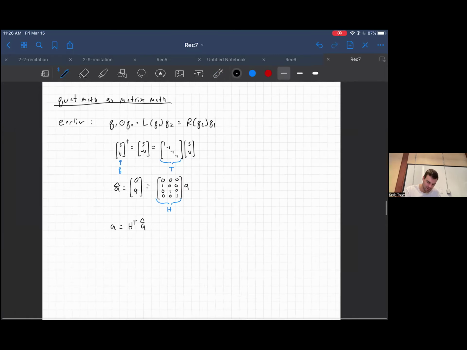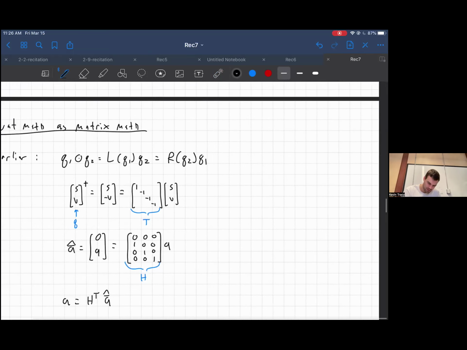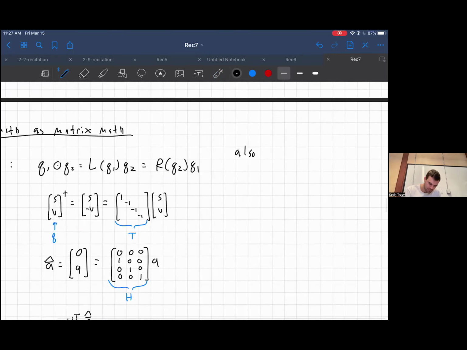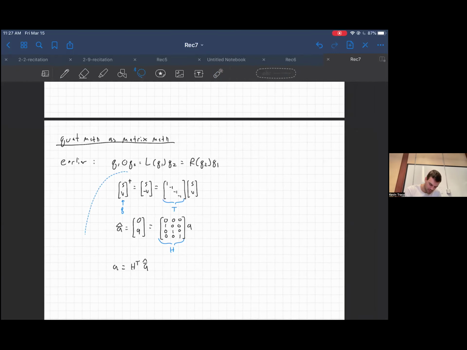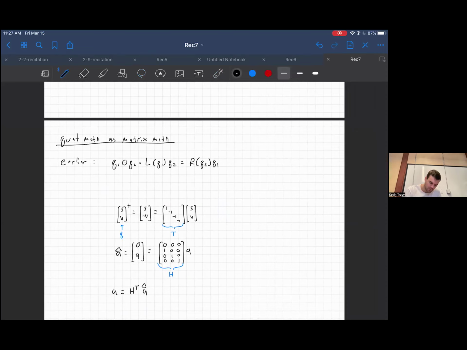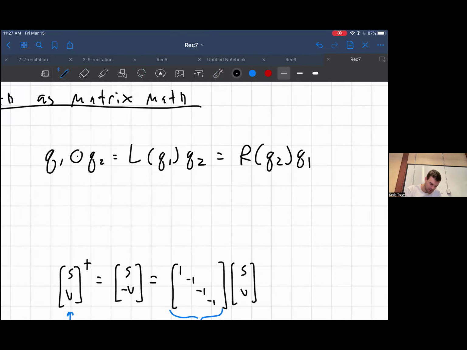One last thing to note, I'll put this below here. A note on the L and R matrices is that these are actually orthogonal. And what that lets us do is, L of Q transpose equals L of Q conjugate.